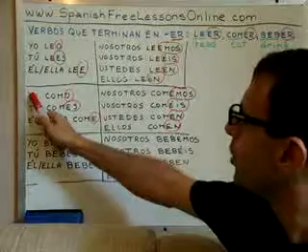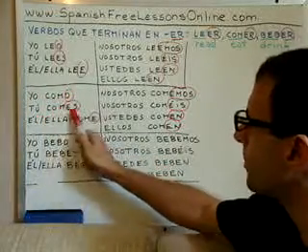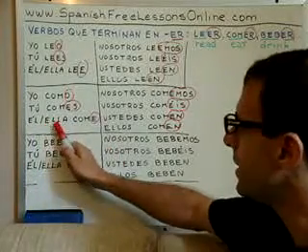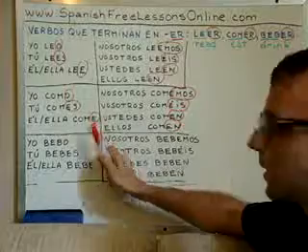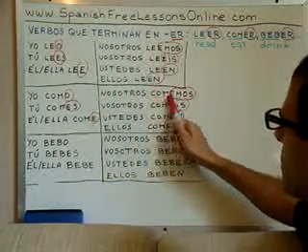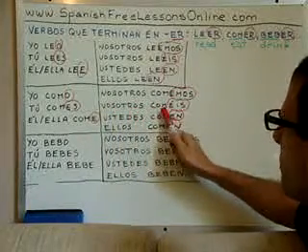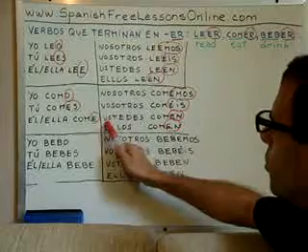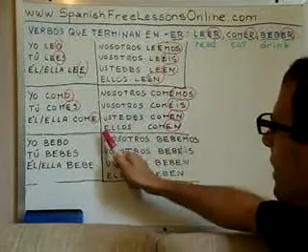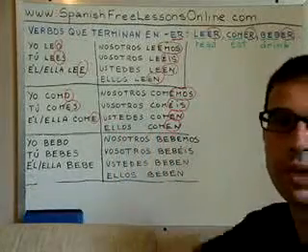So, yo como, tú comes, él come, or ella come. Nosotros comemos. Vosotros coméis. Ustedes comen. Ellos comen. Okay?